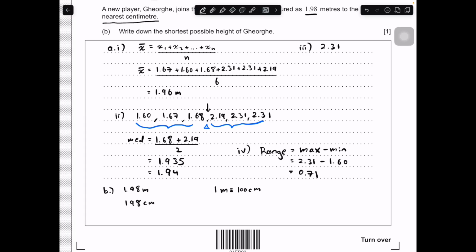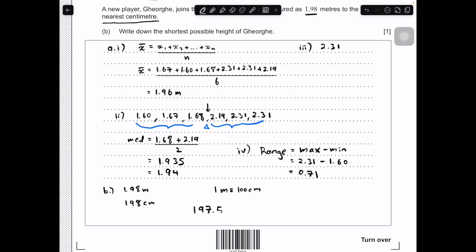If George was, for example, 1.979 and we're rounding to the nearest centimeter, then yeah, she would be 198. But what is the shortest possible height that George could be? Well, we know that if we have, for example, 197 point, and then what could it be? If it's 7, then obviously we're rounding up. If it's 6, we're rounding up.